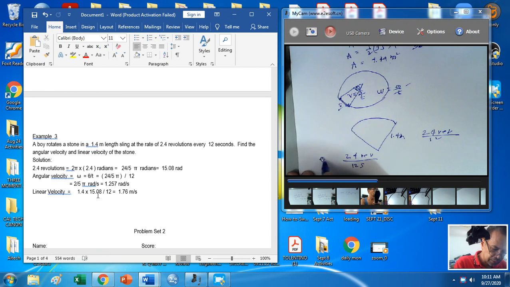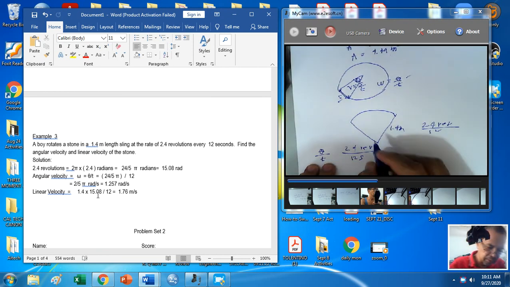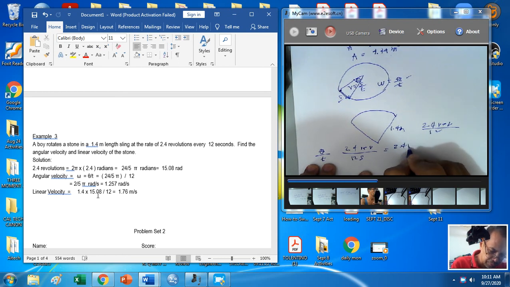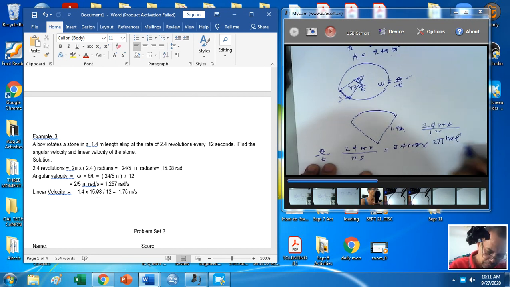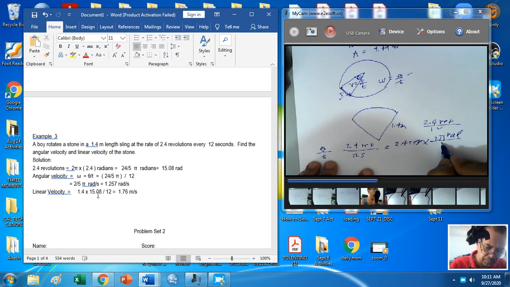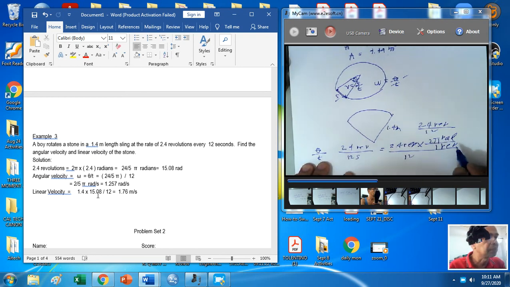Actually, this is already your theta over time. We just have to convert this to radians per second. This is 2.4 revolution times 2 pi radian per 1 revolution. So, radian na lang yan. Divided by 12. This will now be your angular velocity.